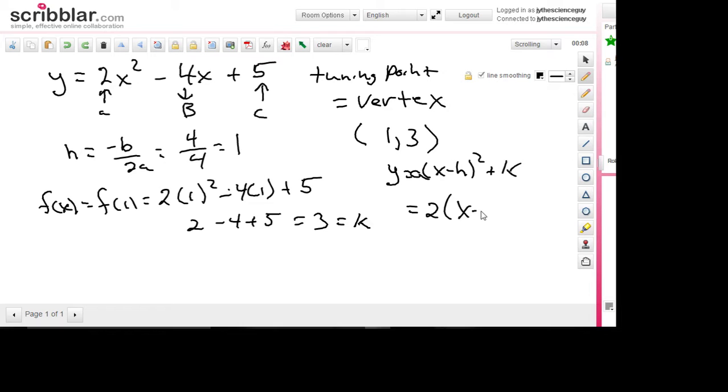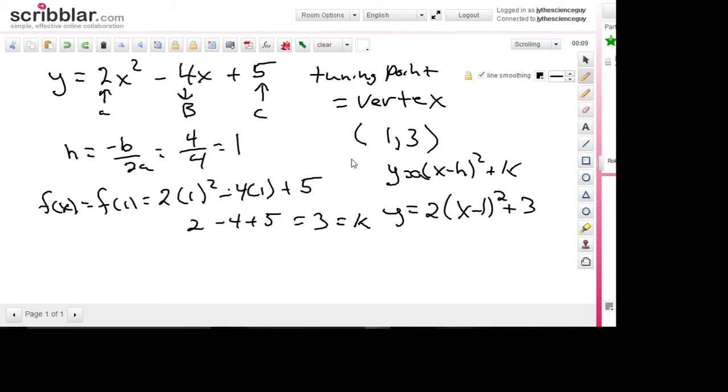And then it's x minus, what's my h value? You have the h, the 1. So the 1 goes there, and then that's squared. And then what is my k value? 3. So the 3 goes there. And so that's the equation in vertex form. Okay, so that vertex is the exact same as the turning point. You need to know that those two things mean exactly the same thing when they ask you that on the test.